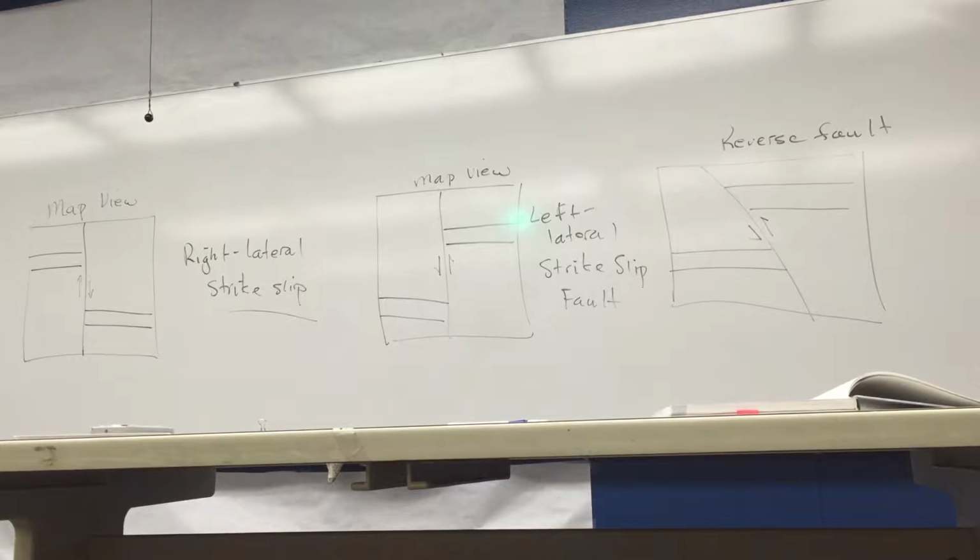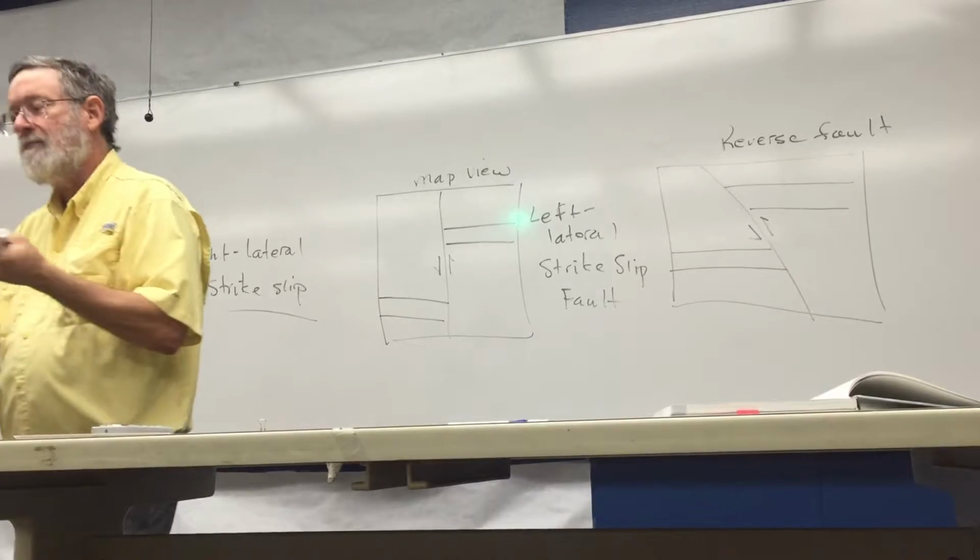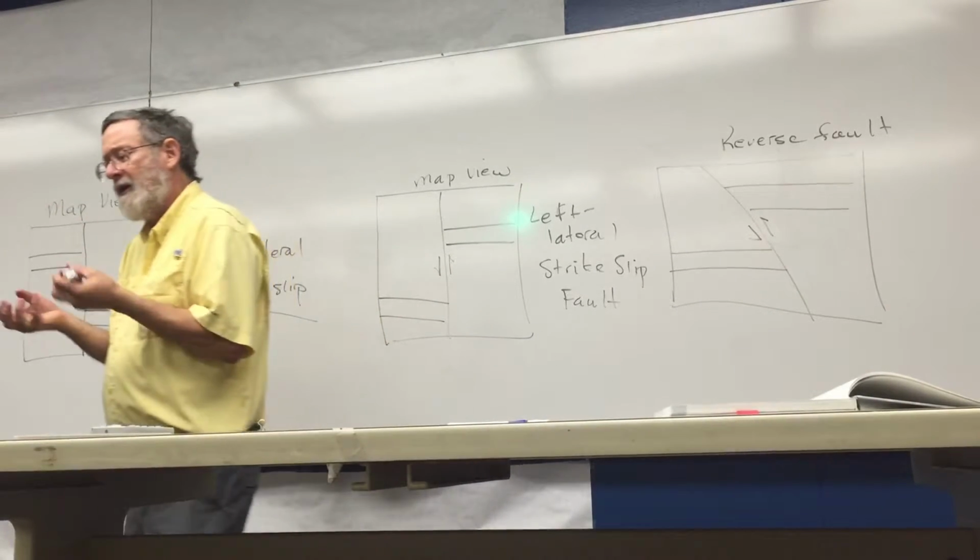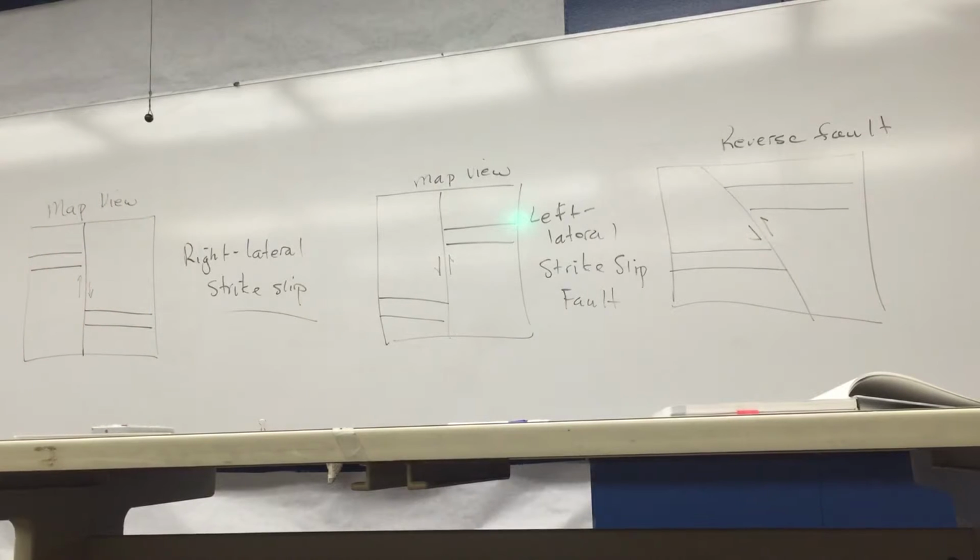We will start looking at terms like, this is a transtensional system dominated by normal faults, but the oblique component is X. We will look at how these different offsets can mix and then try to recognize the geometry of the overall offset in the system.